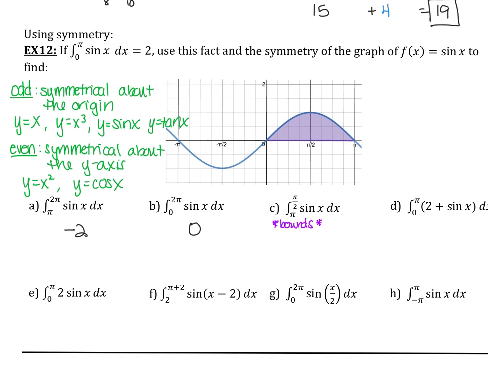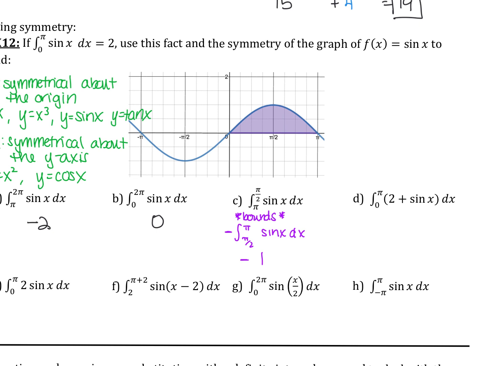And we have a property that says we need to switch our bounds so that it reads from low to high, which is what it should read. Then this would actually be the negative, the opposite, of the integral from pi over 2 to pi of sine of x dx. And if we look from pi over 2 to pi, given that this is symmetrical, that area would be 1, so this result would be negative 1. So that's a little bit funky with those bounds.